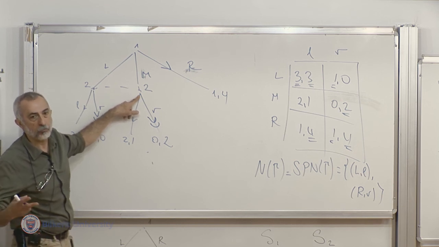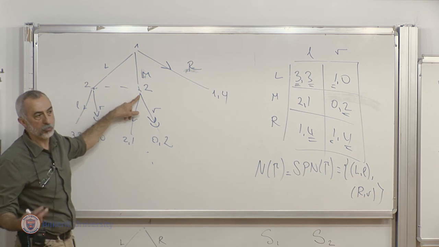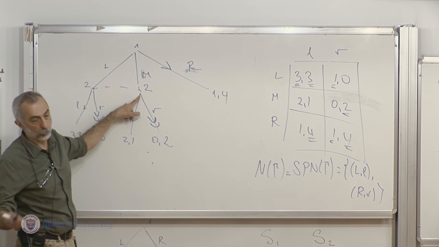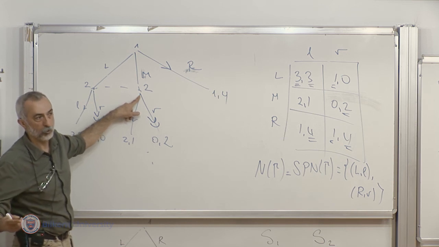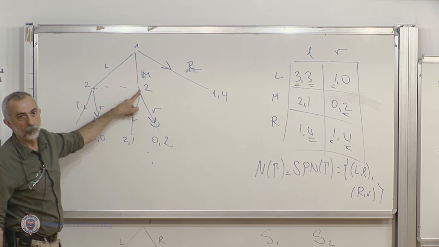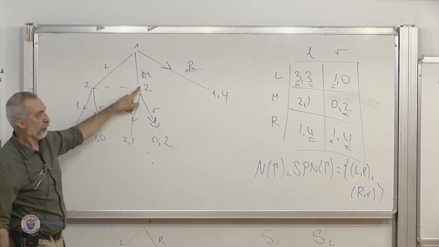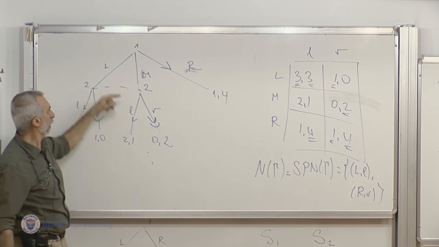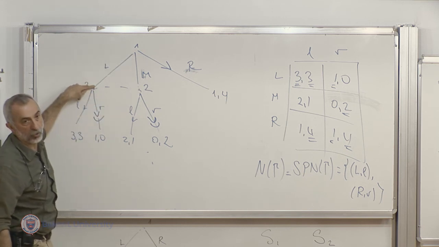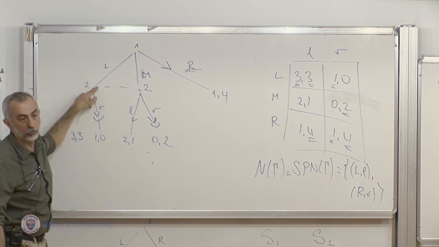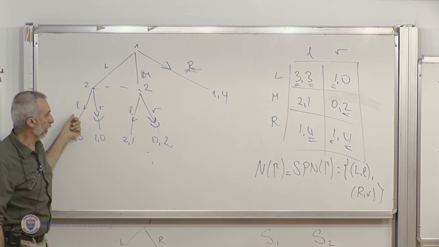The higher the probability, the stronger we believe that that event will occur. But then, if I believe that he played L with probability 1, what is the best thing for me to do if I'm player 2? To play L, not R.